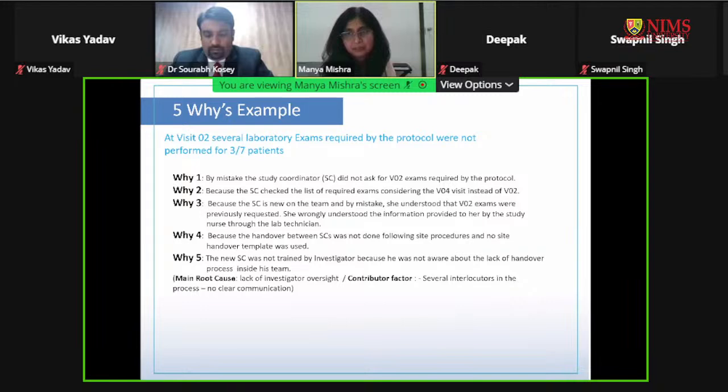When you talk about PK in healthy volunteers or patients, if it is a PK study, a PK endpoint, then we need to have bioanalysis also in place. So regulated bioanalysis is also an integrated part of clinical research, I believe.